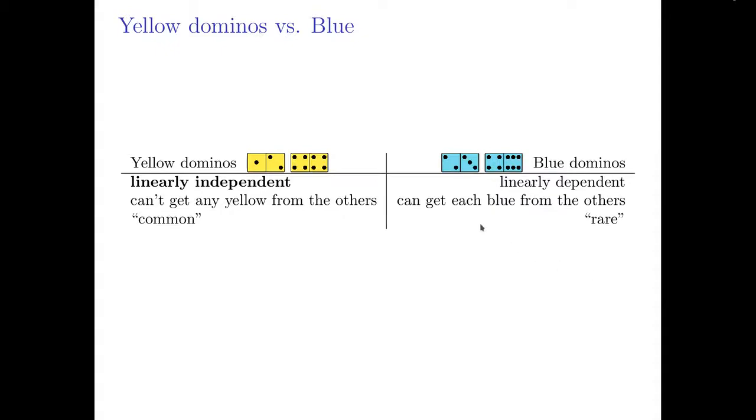I asked you once in the domino game segment, which of these two cases do you think is more rare? Do you think it's more common to get it where you get screwed up, or do you think it's more common where you get it so that you are all right and you can get anything in the plane? And maybe you'll see that it's actually far more common to get the yellow case. Because the blue case, the only way I can get that is to be fantastically unlucky, right?